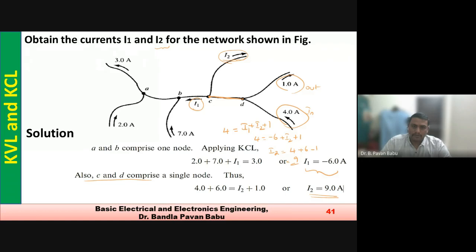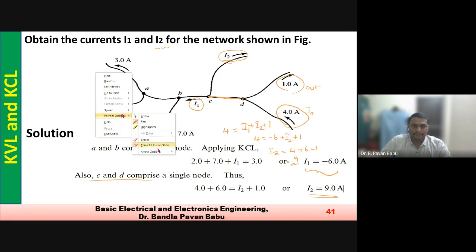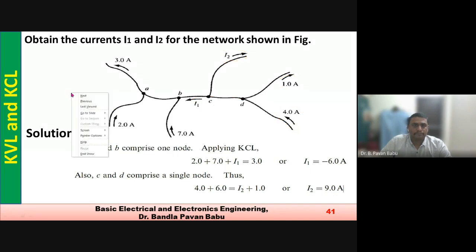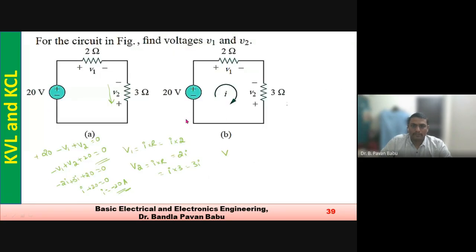So let me solve one simple problem here. Let me go with another example, since I'm not convinced with this problem.